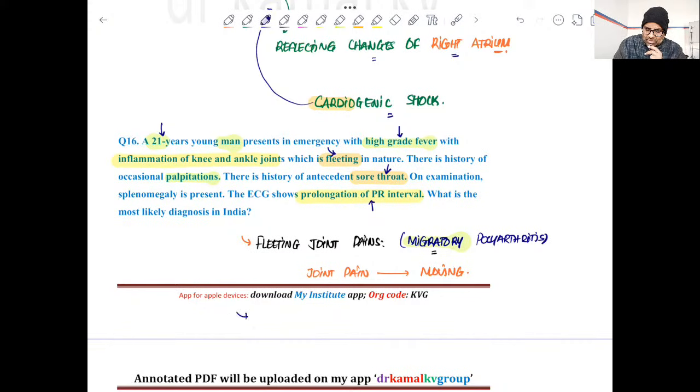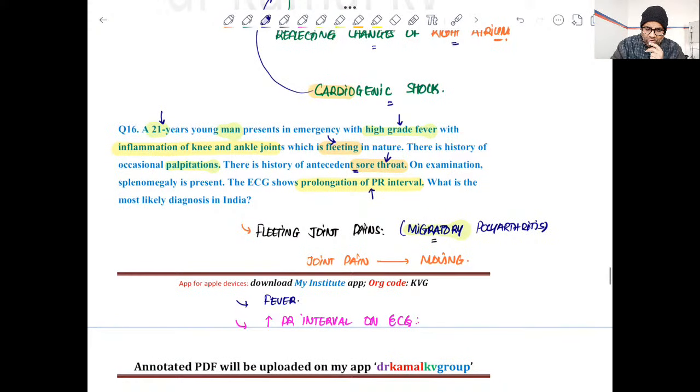Then second is fever. Then third point here is increased PR interval on ECG. Clear? And there is a past history of sore throat, which is usually because of group A beta hemolytic streptococci. Now, if you look closely here, these two are minor criteria, right?